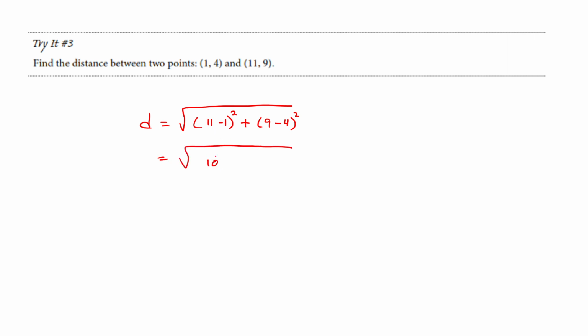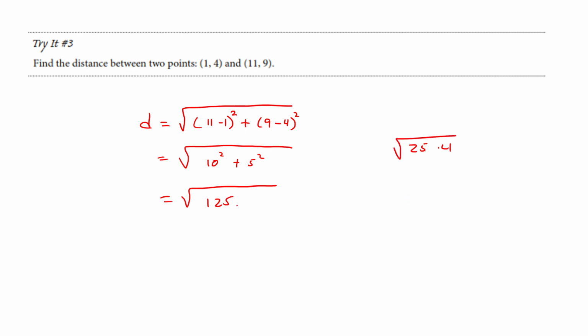So I'd have 10 squared plus 5 squared. So 100 plus 25, I'm going to have the square root of 125. Now we could simplify that root here. We'll have a section on this later, I think, or a refresher.